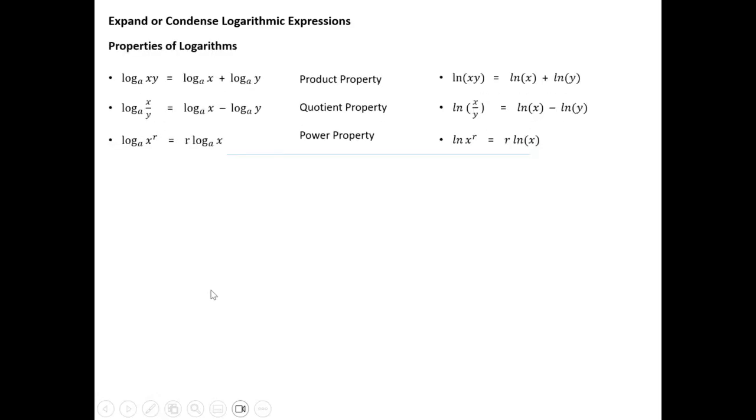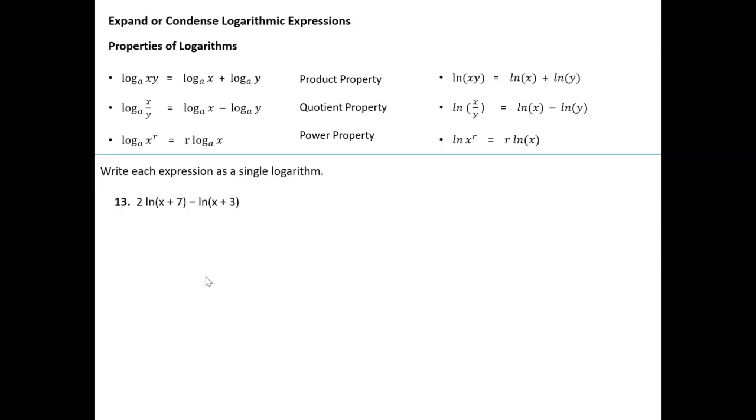Again, let's do another one. There are the rules. So now they want you to put it as a single log. So you're going to go from expanded to single, and this is a natural log here on the right. So if you notice, guys, the expanded form, as a single, for single there's no exponents. I mean there's no numbers in front, which means that here we have the power property and we have the quotient property.